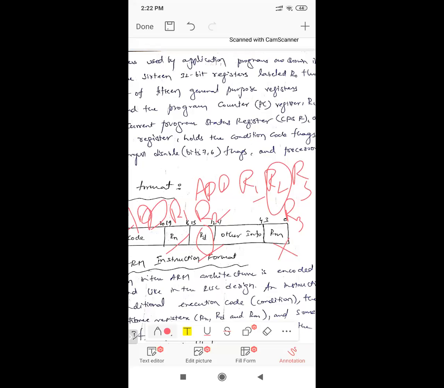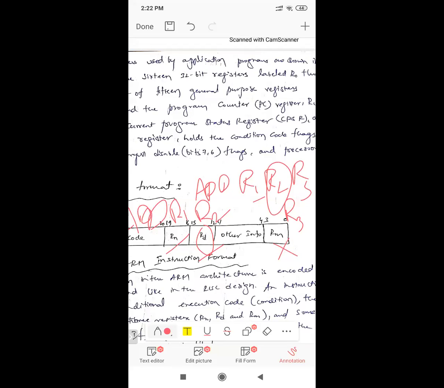If necessary, then these bits are used. Otherwise, if there is no need for this information, all bits become 0.